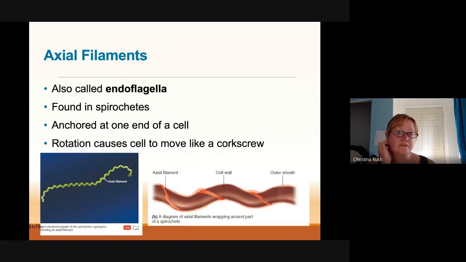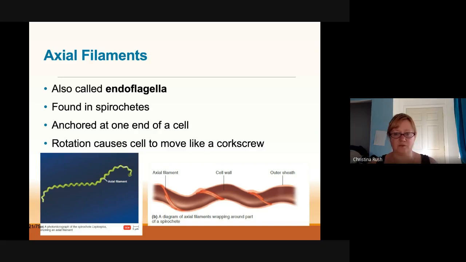Okay, axial filaments, they were mentioned briefly. These are also called endoflagella. Endo means within, so it's a flagella within the cell. And it's not actually inside of the cell. It is outside of the cell wall, but it surrounds the cell, and you can see that in this diagram here, those little ropes. And so it's contained with the cell.